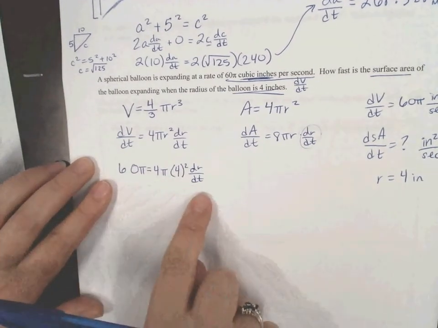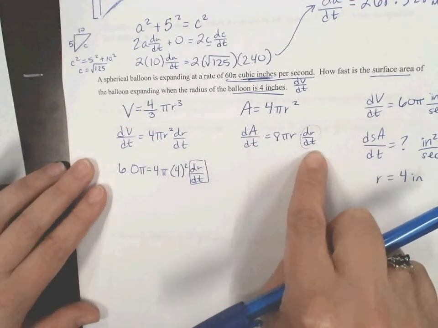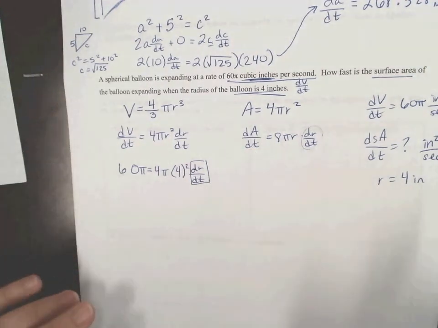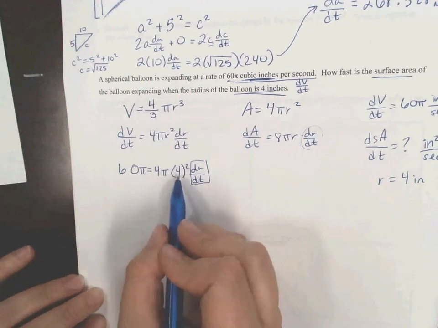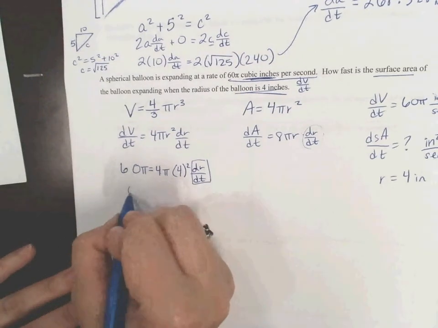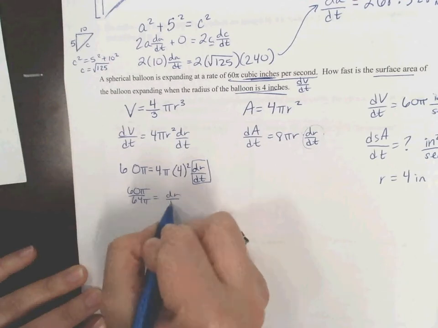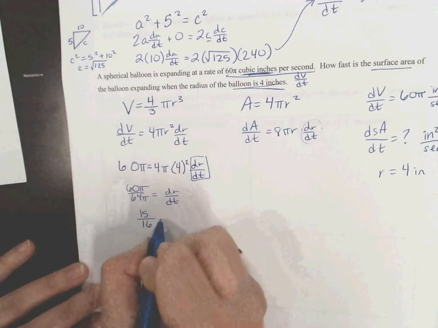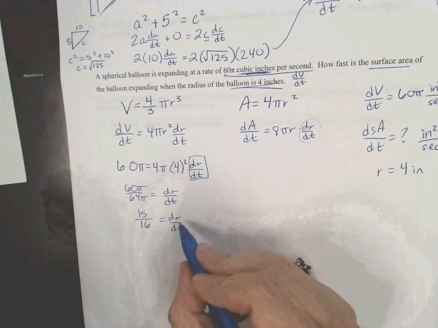It should now make a little more sense that my only unknown in this equation is dr/dt, and I need dr/dt so that I can solve for the ultimate question, dA/dt. When you isolate dr/dt, that's going to be 4 squared times 4, which is 64 pi. So 60 pi over 64 pi is equal to dr/dt, which I can reduce to 15/16.